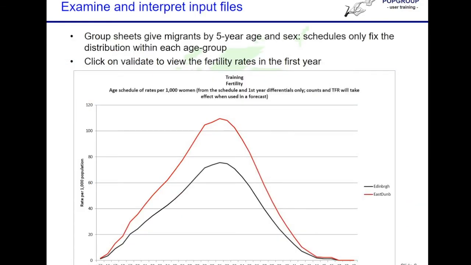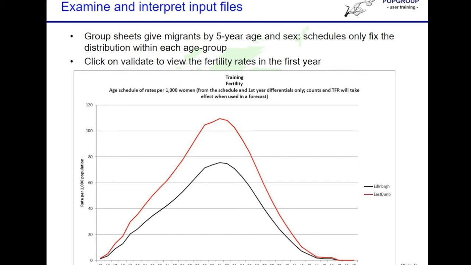It's possible when you look at an input file to validate that input file. So here POPGROUP is checking that all the required information to produce the projection is present. And one of the things it does as part of that validation process is it produces a schedule of fertility, mortality or migration rates that are being applied in each of the population groups within our projection.